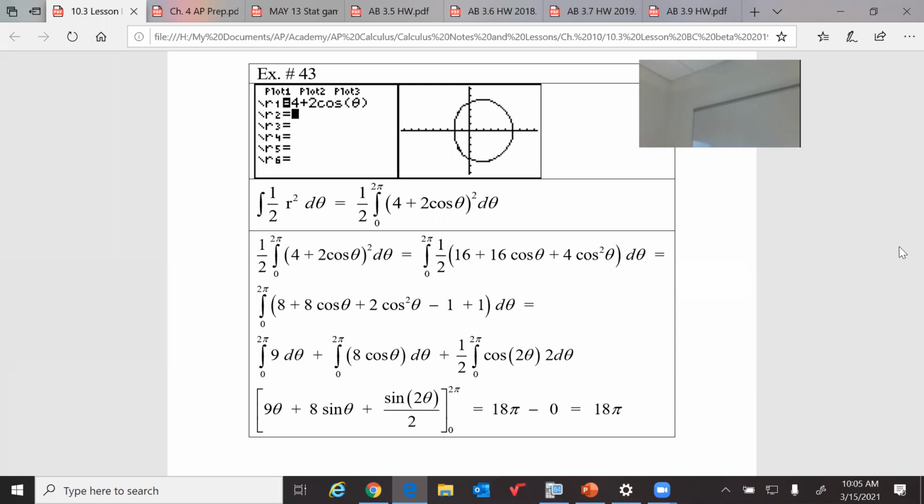Because if I don't have that -1 and +1, this 2 cosine squared theta can't be anti-differentiated. You have a dead end because u would be cosine theta, and you would need a negative sine theta in order to anti-differentiate it. So the only way to proceed is to rewrite it in terms of a double angle.